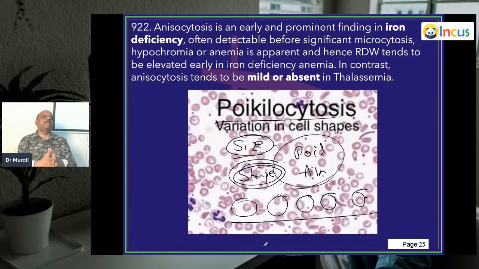How do you differentiate whether the given microcytic hypochromic anemia is thalassemia or iron deficiency? Iron deficiency leads to anisocytosis, increased RDW, poikilocytosis, but no anisocytosis, no poikilocytosis, normal RDW is equal to thalassemia is what you need to remember.